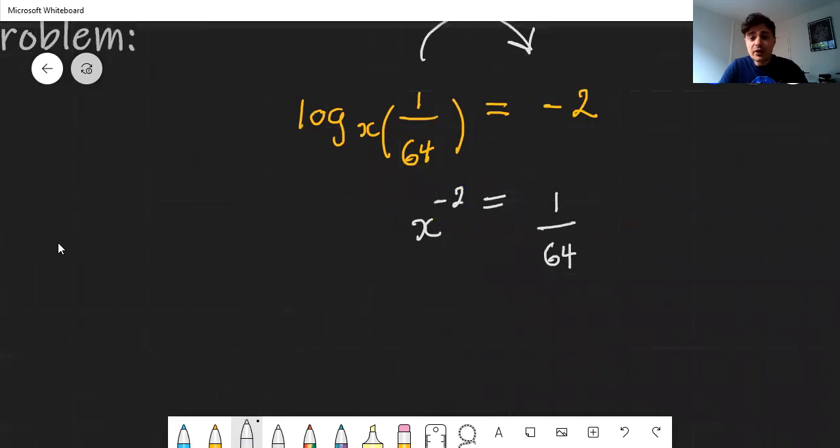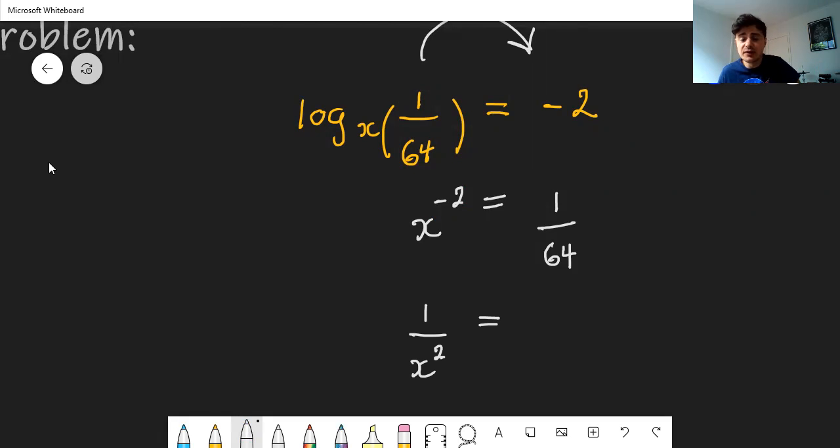And now we've got to do our best to try and simplify this and to find what the solution is. So x to the power of -2, if we flip that upside down, is going to be 1 over x squared. And that's just another property of indices, 1 over x squared.